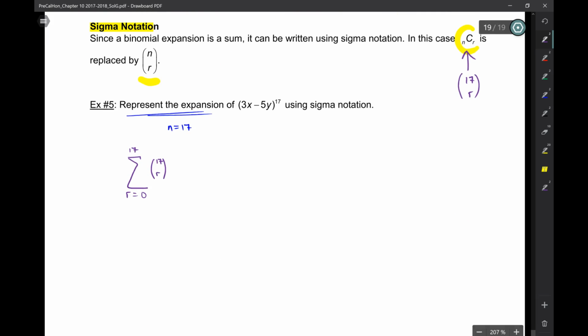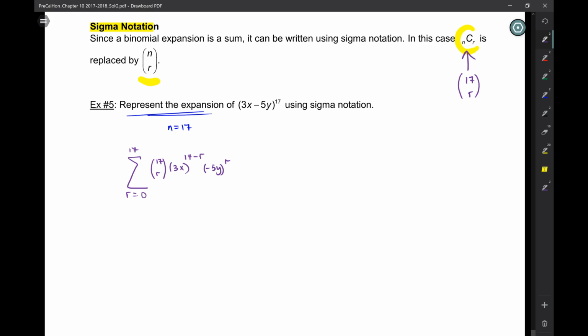So it's a, in this case it's 3x. What's the exponent of the first term? N minus r, thank you. So it's, in this case, n is fixed, so it's 17 minus r. And then negative 5y to the power of r. You see how easy that was? Yeah? Isn't that cool? Let me write it closer. Okay? So that's that in sigma notation.